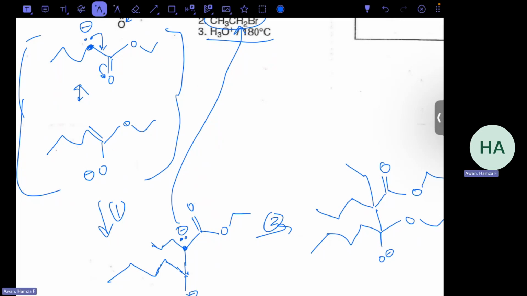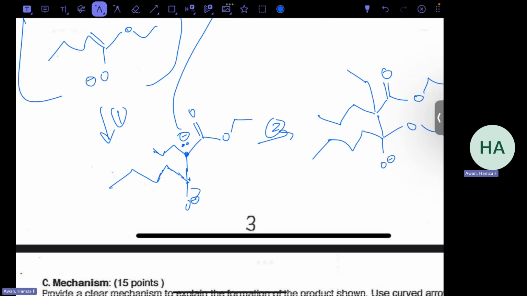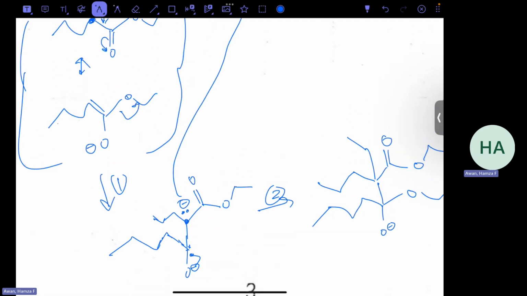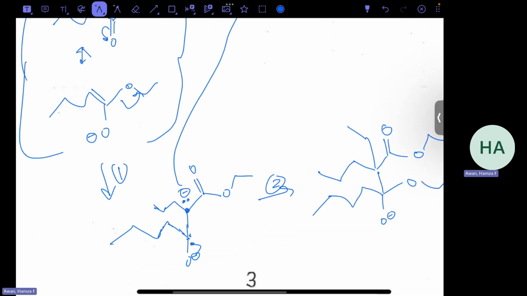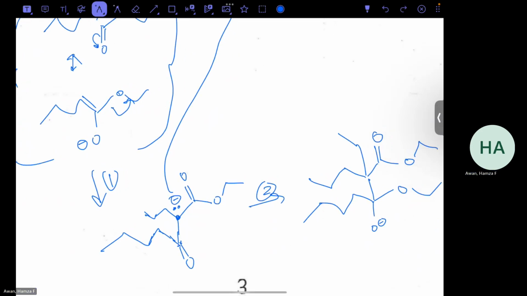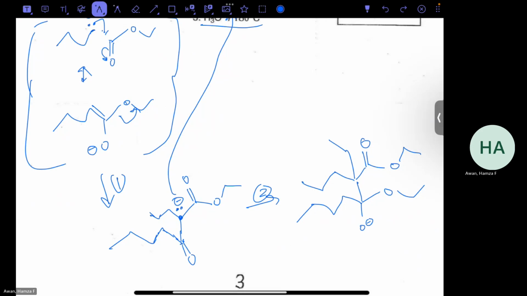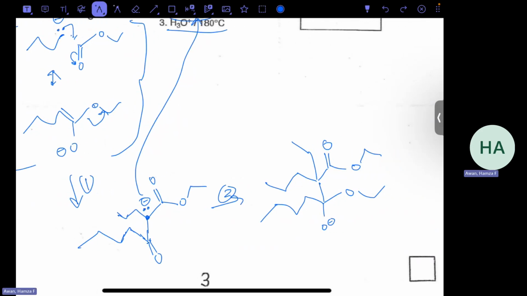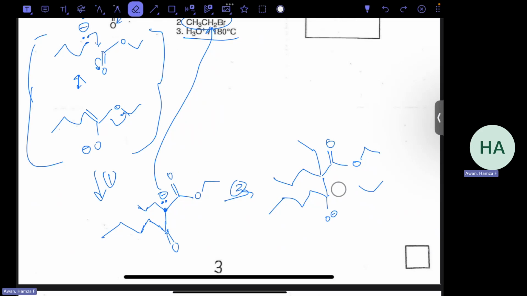I think what happens is this minus charge comes and restabilizes and then kicks off this O right here, which is why we have this double bond right here and nothing on this side. That's correct, right? Okay, yeah, that was it. My bad, guys.